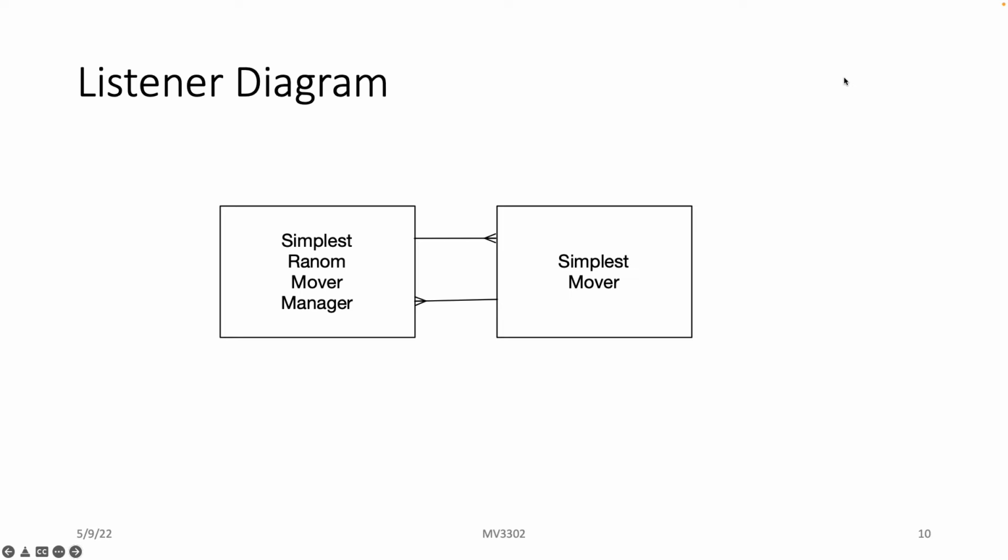Now, if we had a different mover that maybe had a different equation of motion but simply responded to the same events, then we wouldn't have to modify our managers. That is a useful component-like thing. In other words, if you want to upgrade your graphics card, for example, you shouldn't have to replace the whole computer.